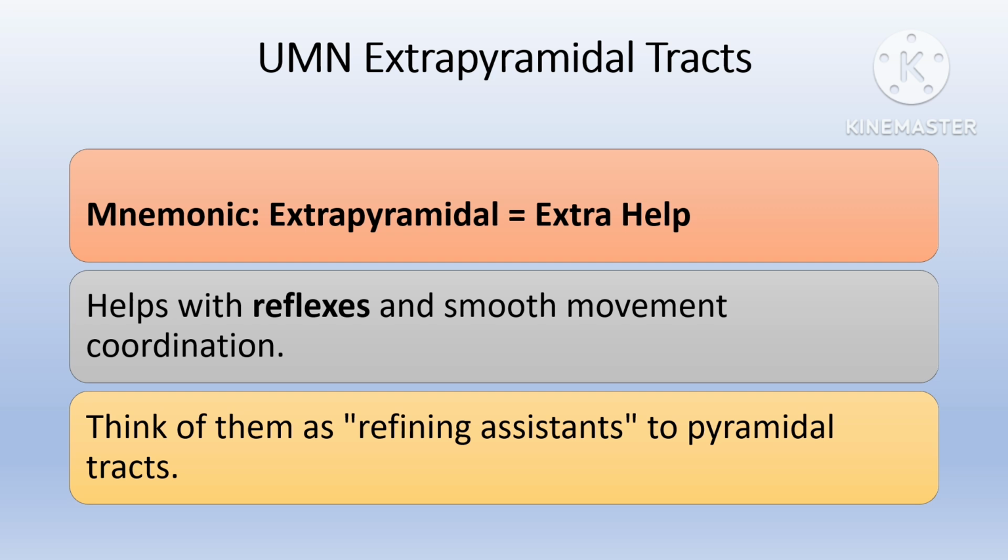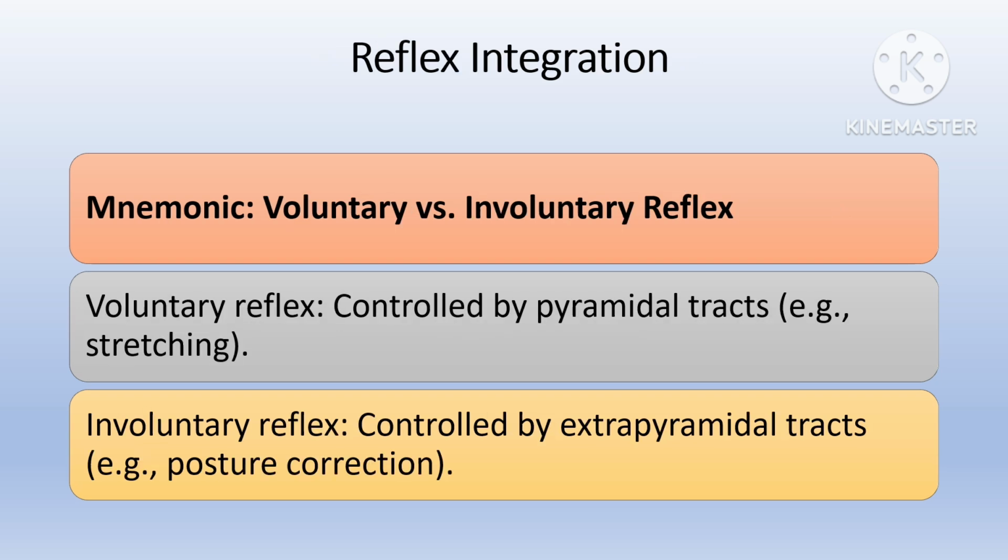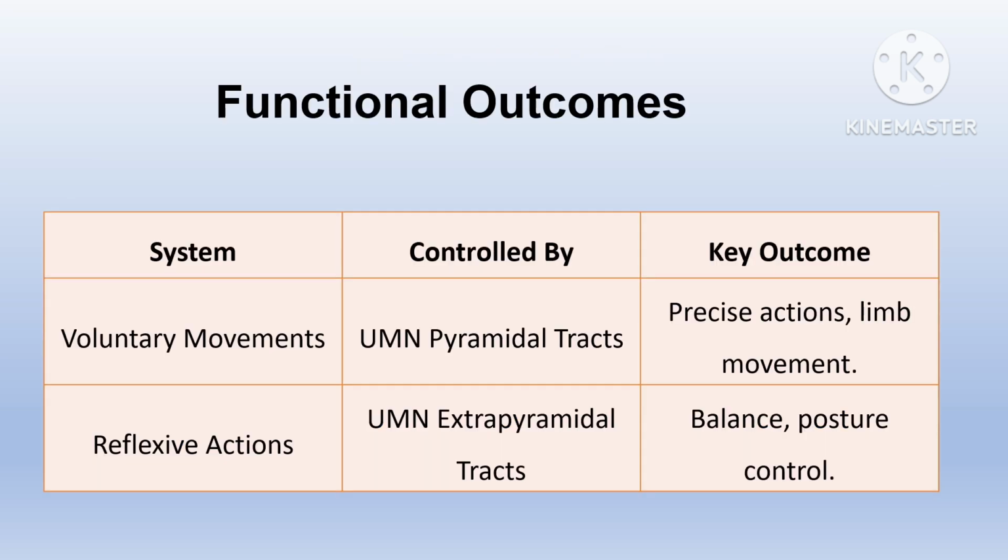The pyramids refer to the medullary pyramid, where the pyramidal tract runs directly, and extrapyramidal is "extra" because it is more complex and does not pass directly through the pyramids. So by remembering this mnemonic, you can associate pyramidal with direct control and extrapyramidal as indirect, helping the pyramidal tracts.